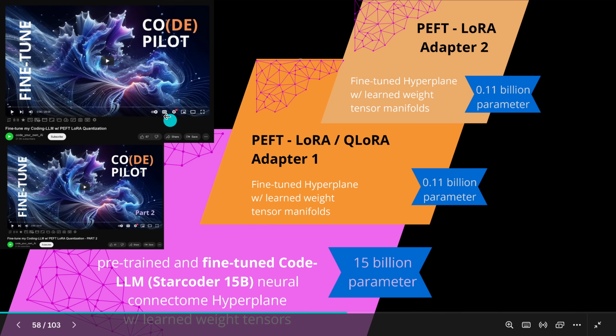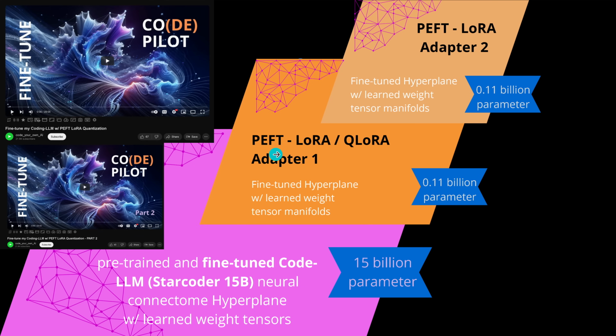In those 2 videos we coded our 15 billion parameter model with PEFT, the fine-tuning with the low-rank adaptation methodology. In addition, I showed you the quantized low-rank adaptation methodology, where we fine-tune an additional hyperplane and learn the weight tensor manifolds on a particular task. And this was only 0.1 billion parameters, just a fraction of our main base model.